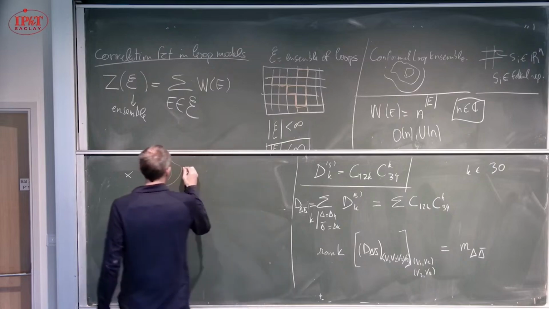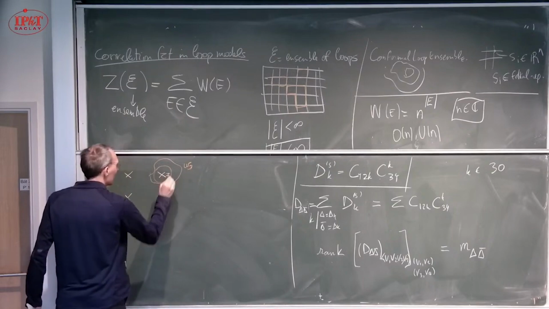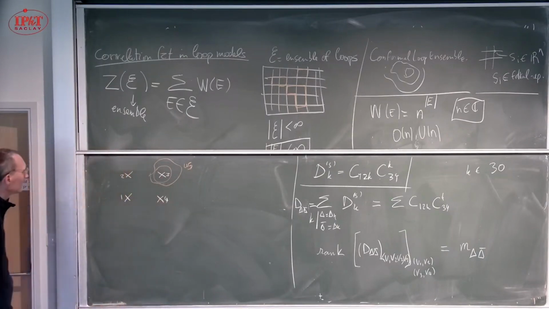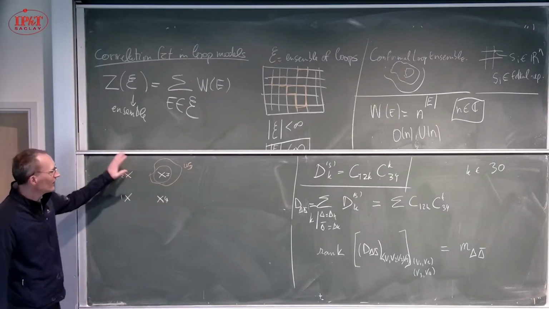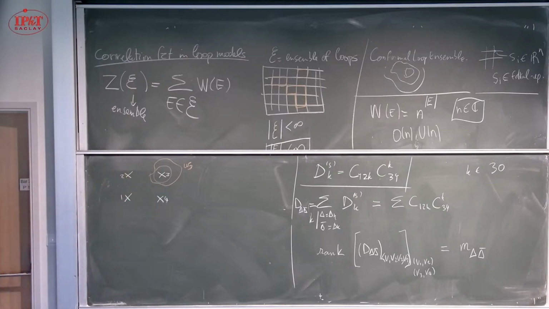Instead of weight n, they will have some weight, let's say W_3, if this is puncture number 3. So how many different loop weights do you think I have in this configuration with 4 punctures? So you're saying that's 4 factorial?